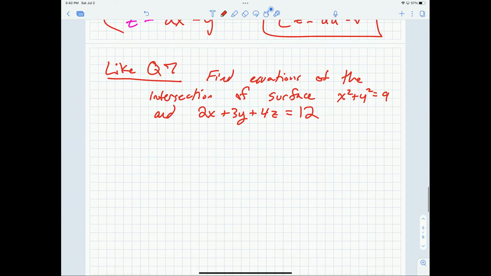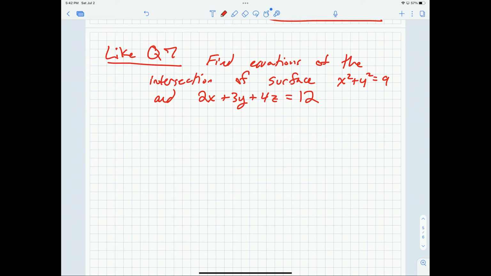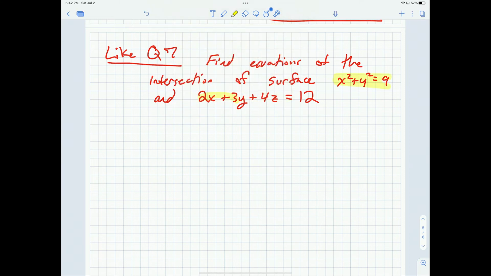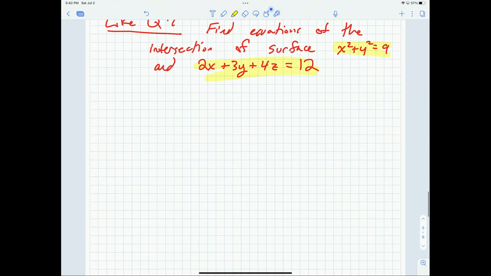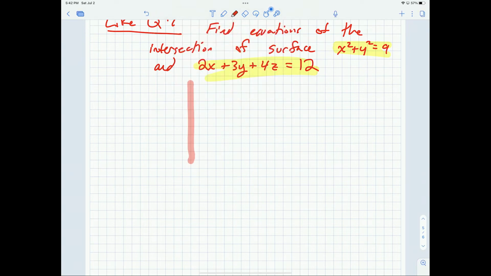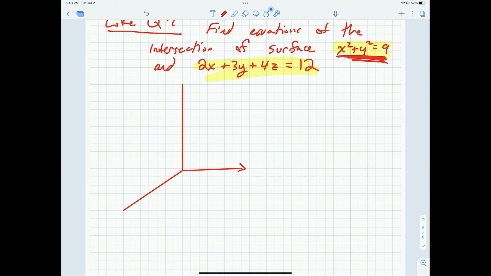Okay. That looks hard, right? Because we got these two surfaces here, and what's going on? But it's actually not that hard. What you've got going on is simply this. Your first surface here is a cylinder, right?